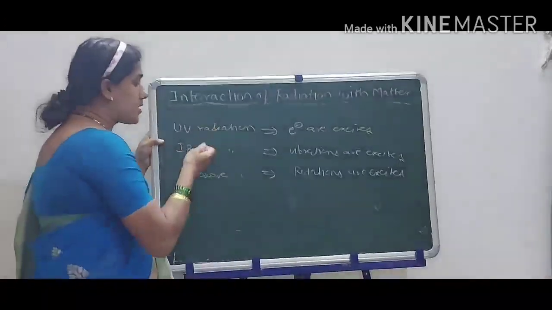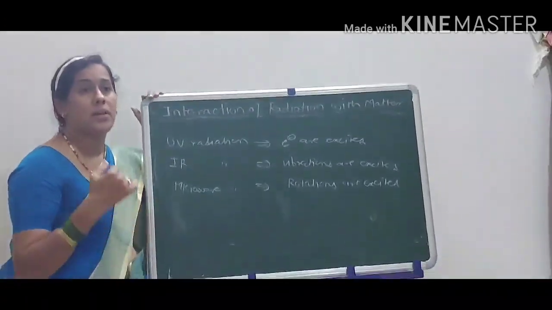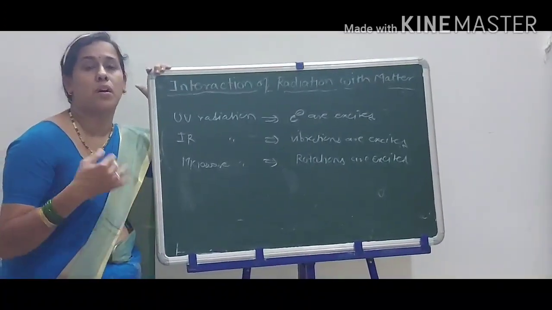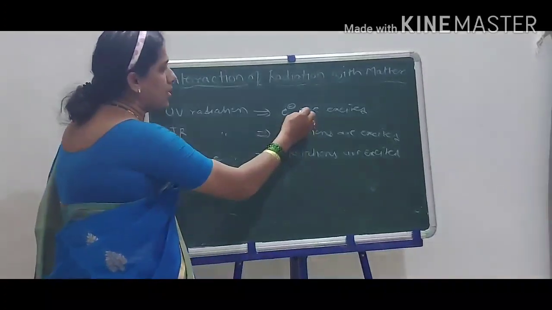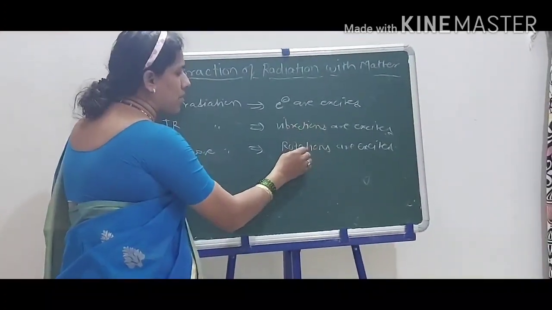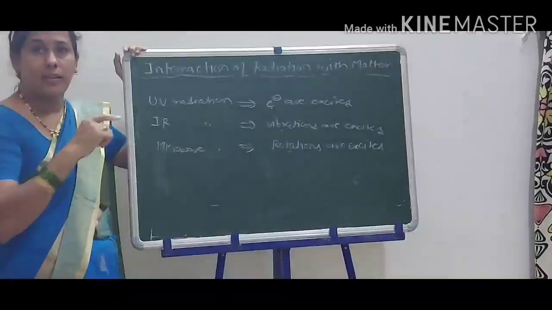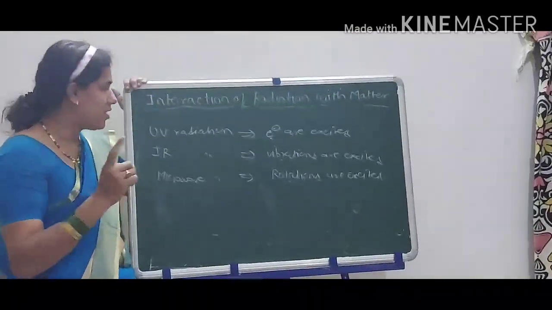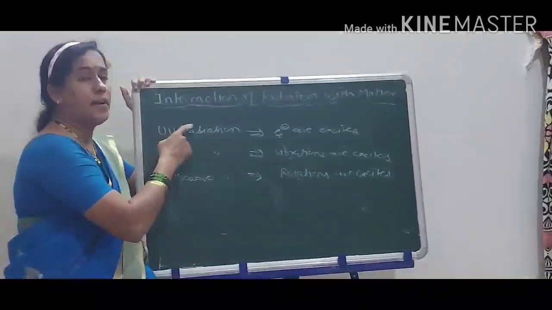Now, these types of excitations take place in atoms or molecules in terms of absorption of energy, which can be measured as rotational energy, vibrational energy, and electronic energy, when the radiations are microwave, IR, and UV.